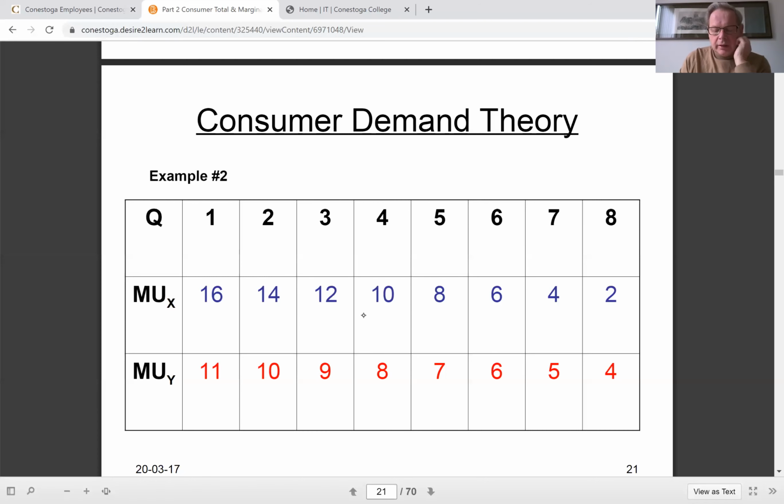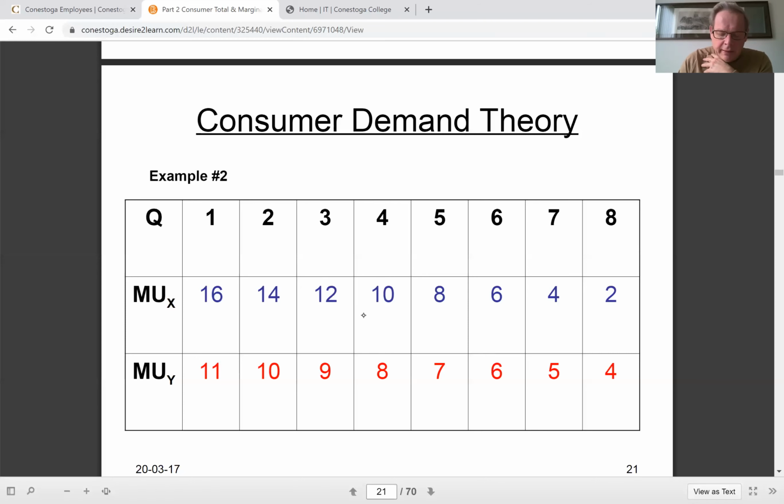When we buy the first Y, we're going to get 11 units of satisfaction for a total of 11.